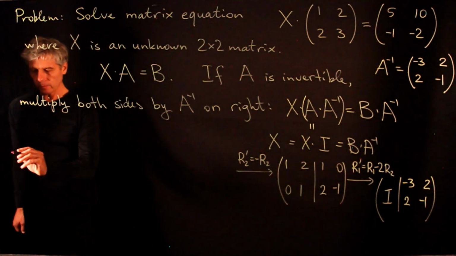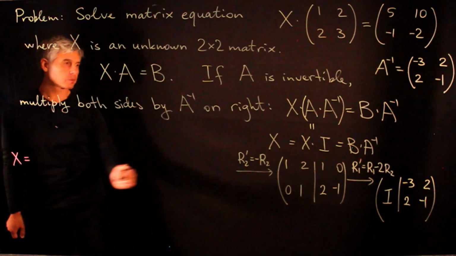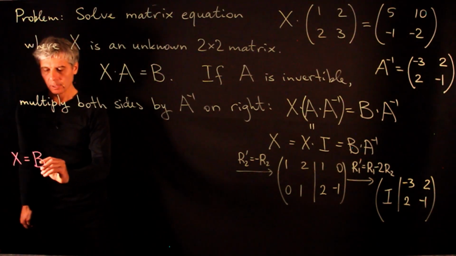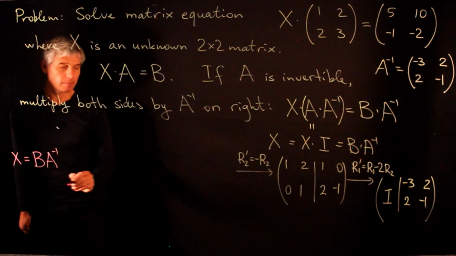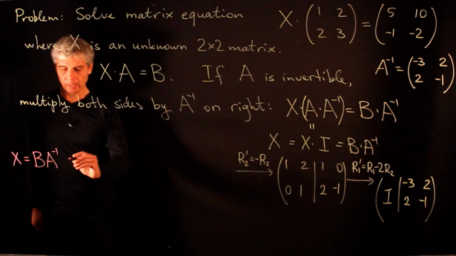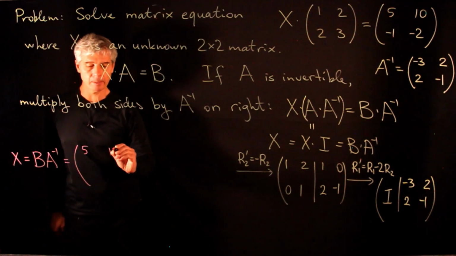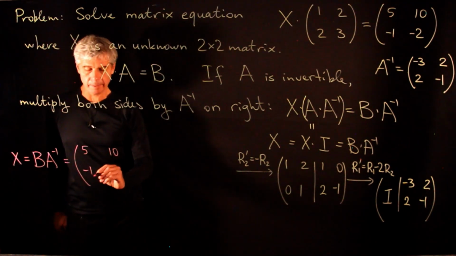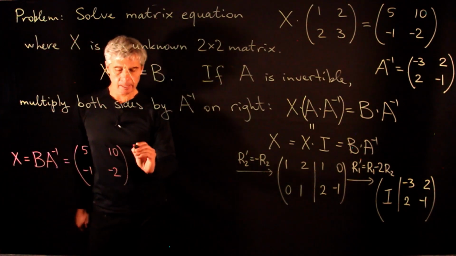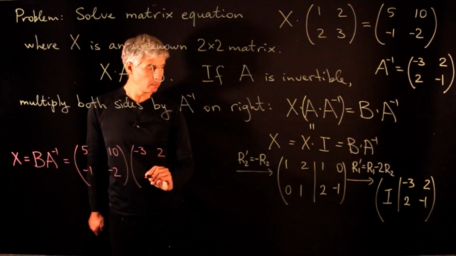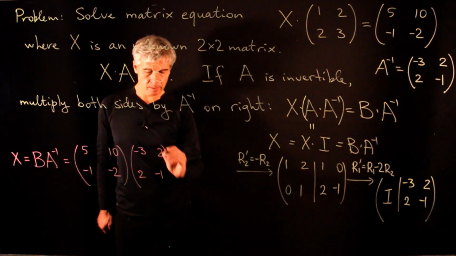And finally, we calculate the answer. We know that X is B times A inverse. We saw that matrix A is invertible. The matrix B is 5, 10, negative 1, negative 2, and A inverse is negative 3, 2, 2, negative 1.